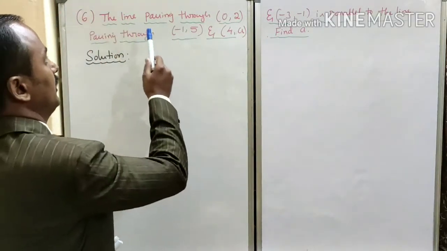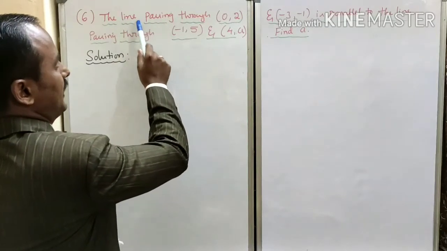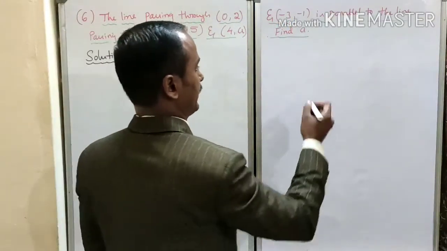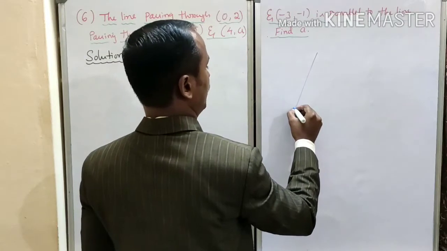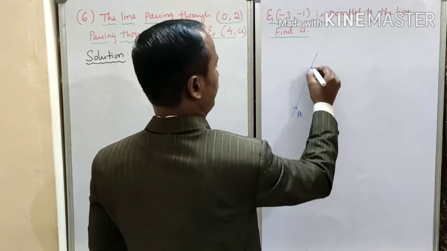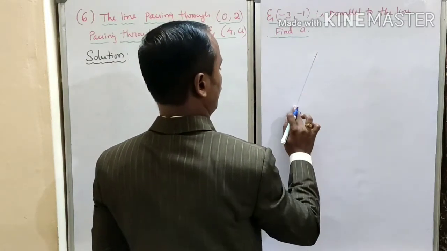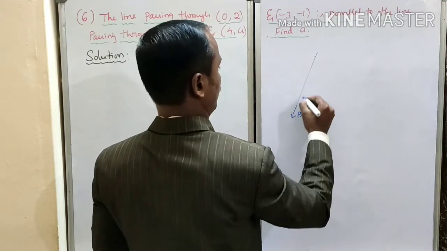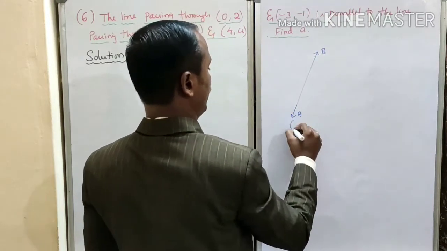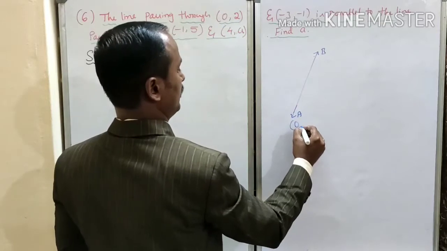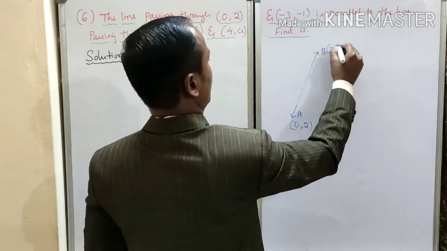Here, one line is there. That line passes through these 2 points. I will draw, look here. Here one line is there. I will give the name of the line A, B. What are the coordinates? A is 0, 2 and B is minus 3, minus 1.